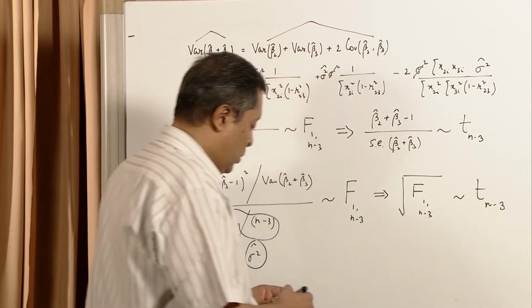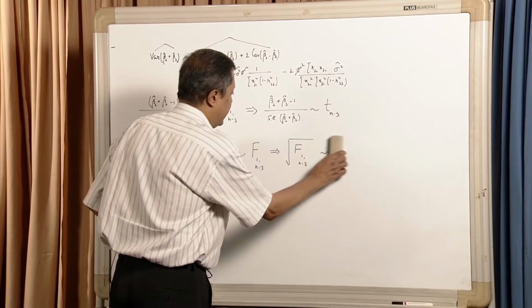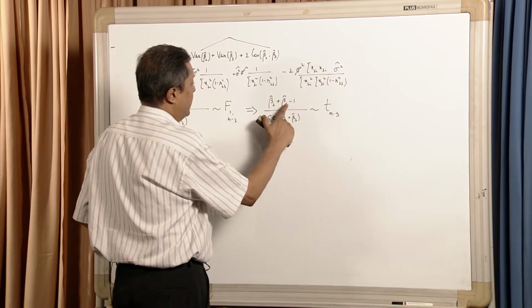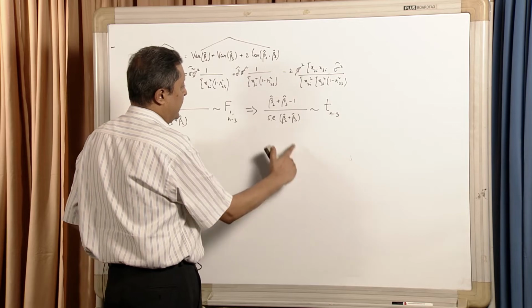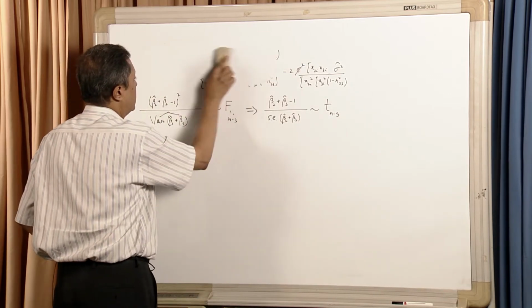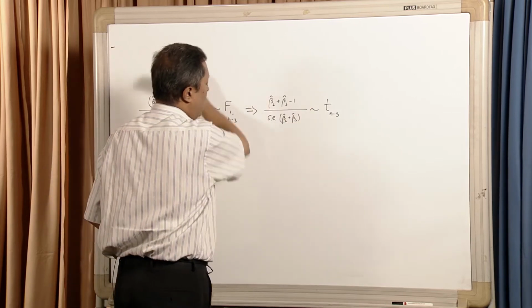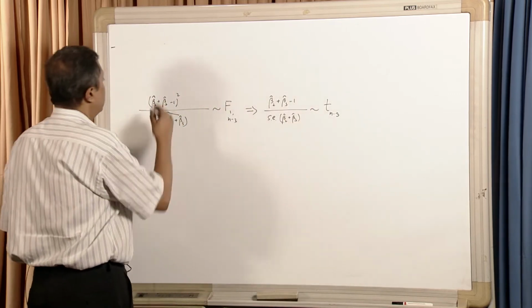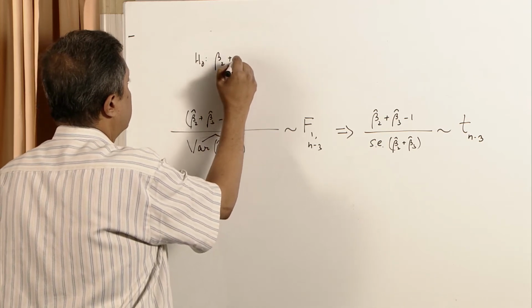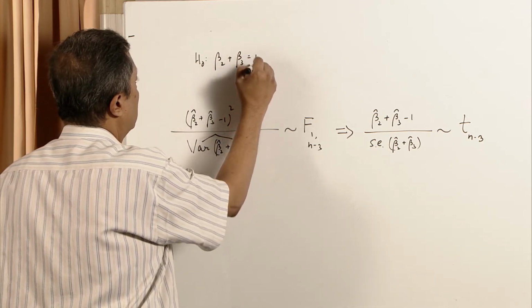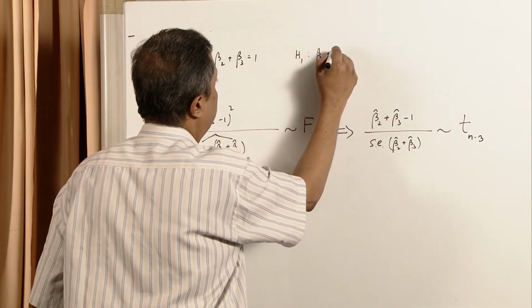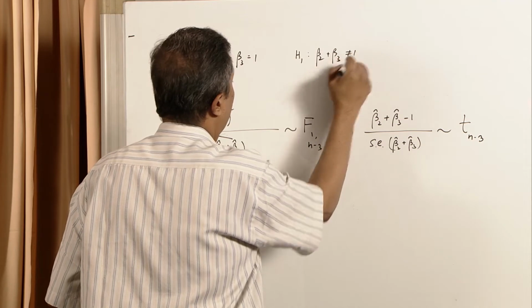So, we use this test statistic, beta 2 hat plus beta 3 hat minus 1 divided by the standard error of beta 2 hat plus beta 3 hat, and we carry out the test for H naught: beta 2 plus beta 3 is equal to 1, against H 1: beta 2 plus beta 3 not equal to 1.